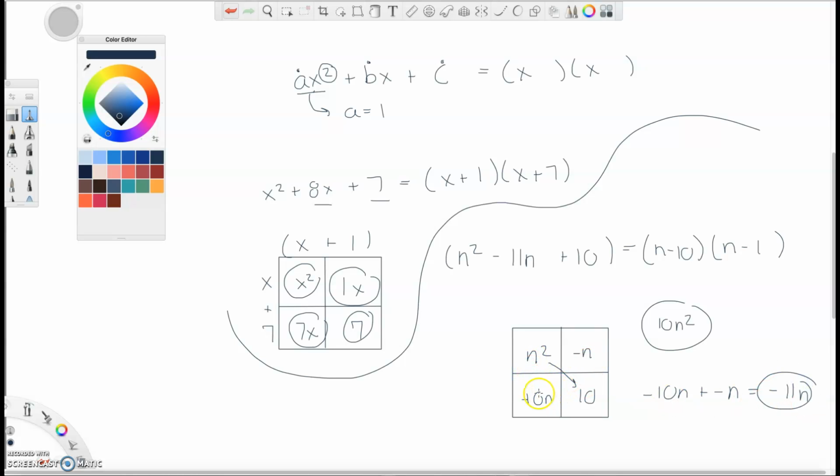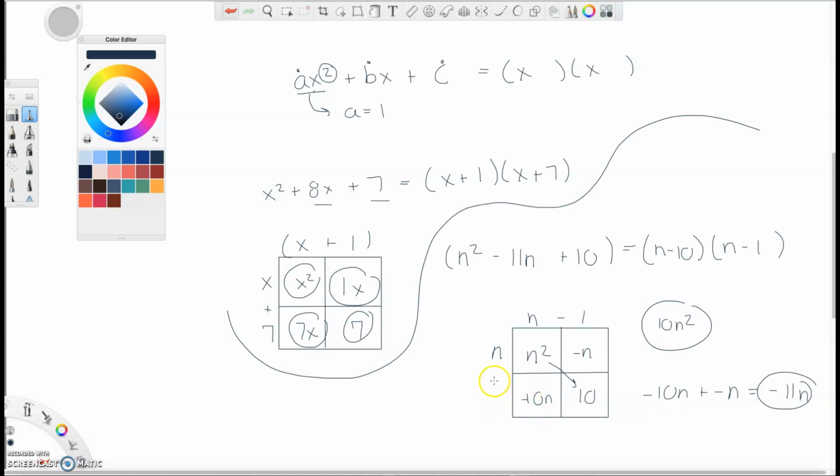So this is our factored box here. Now we need to figure out what our factors are from it. So I know up here I'm going to have n and n. Now, n times what gives me negative n? All right, I know that's going to be negative 1. So n times negative 1 is negative n. Now, what times n is going to give me negative 10n?